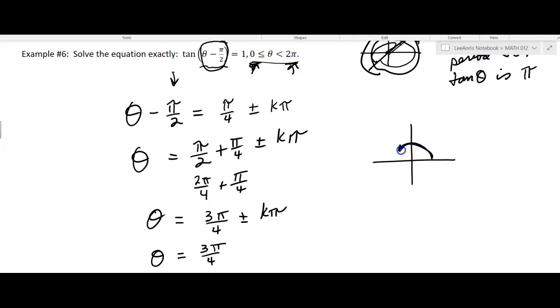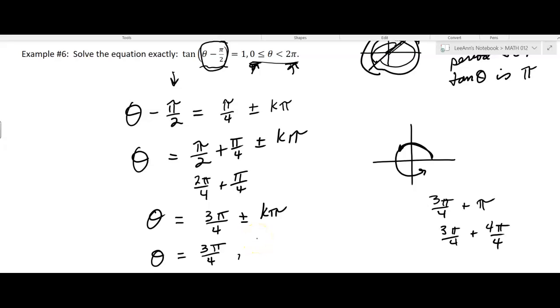So if I wanted to add to that a pi, it would put me over here in the fourth quadrant, and that would be, let's see, if I had 3 pi over 4, and I'm adding pi to it, that's 3 pi over 4 plus 4 pi over 4. So, you'll get used to doing the common denominator thing, but if you have to write it out, that's fine.